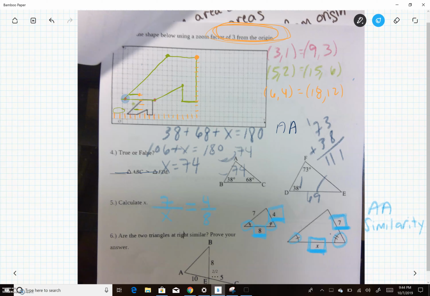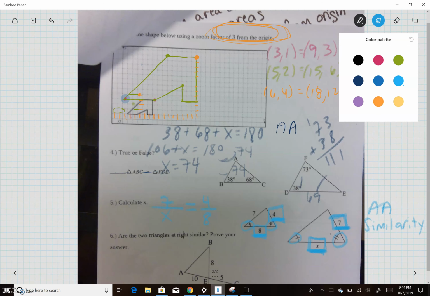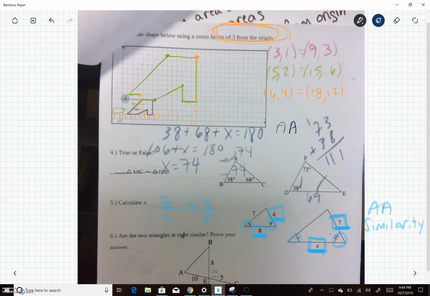This is kind of hard to see, you guys, maybe I need to change it back to dark blue. So 7 over x is equal to 4 over 8. You can say that because if the angles are the same, then those sides should have the same ratio. Or you could also do it from one triangle to another triangle, like I was saying before.